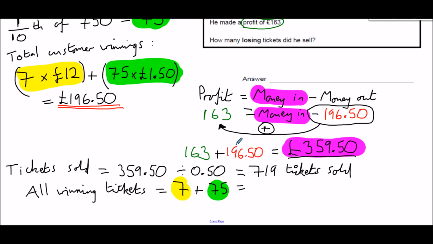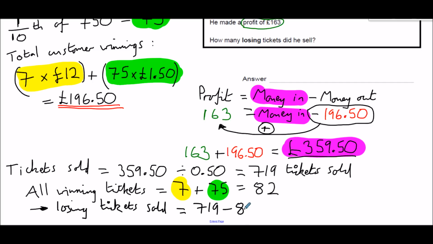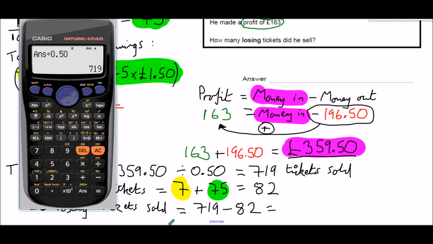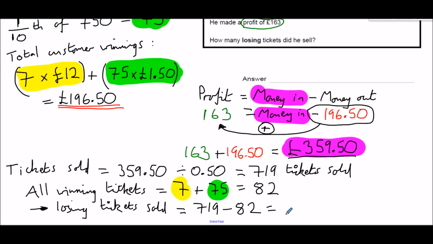So 82 were winning tickets. So the number of losing tickets that were sold must have been the other ones. So losing tickets that were sold will therefore be 719 minus 82, which gives us a total of 637.